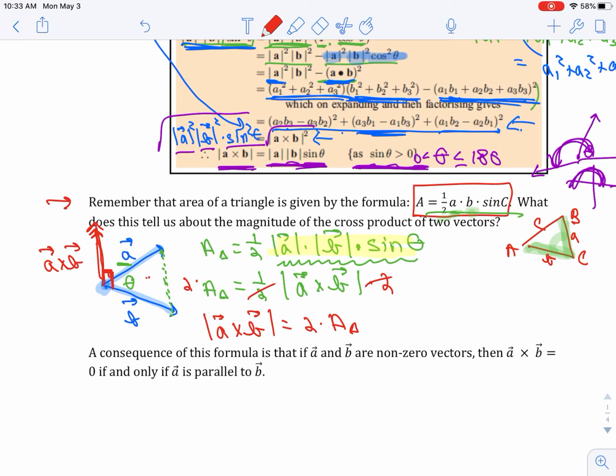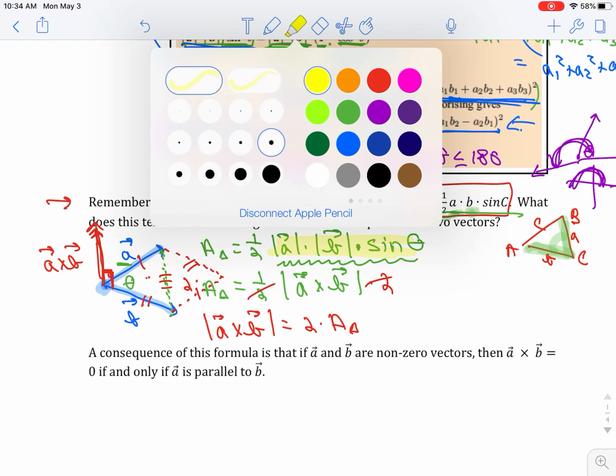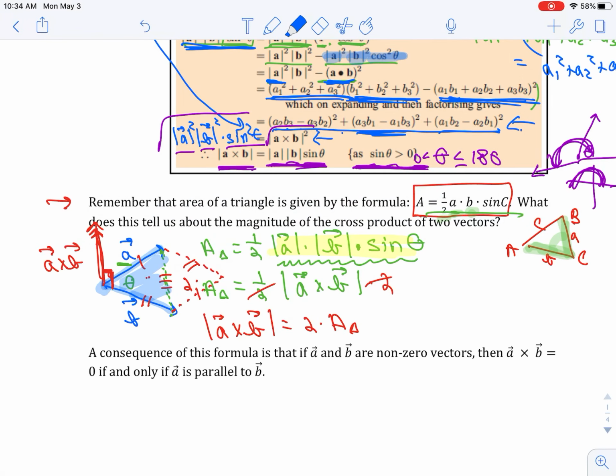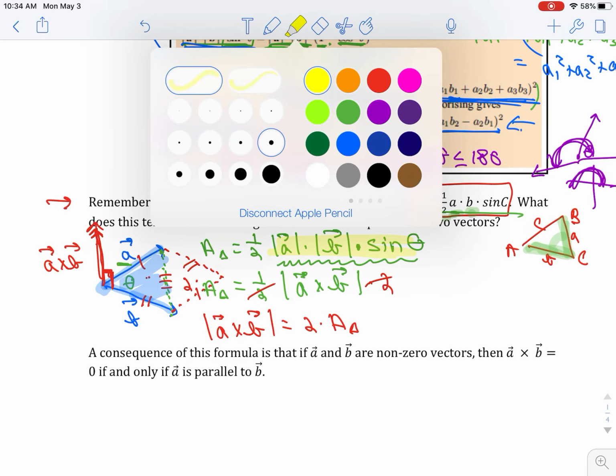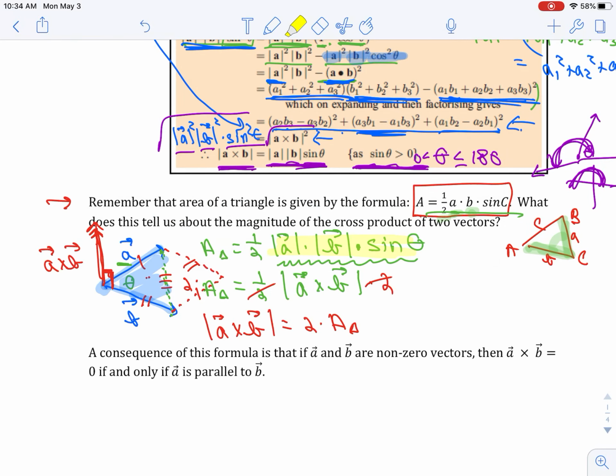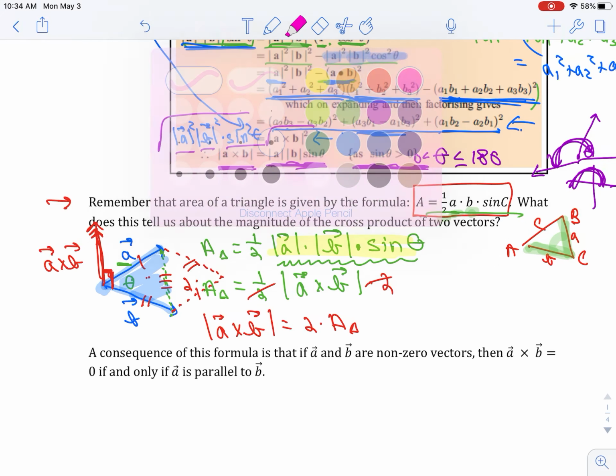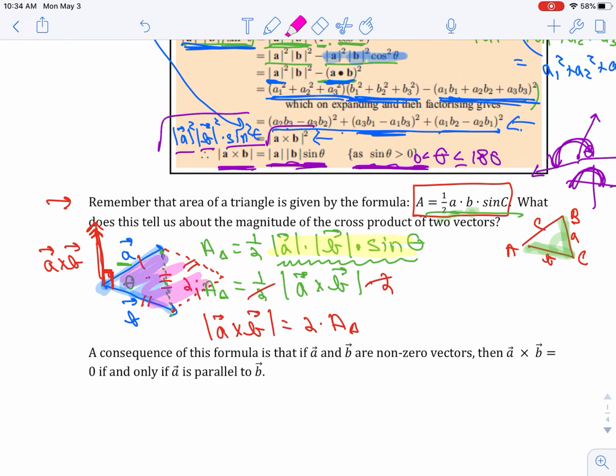If I take another triangle that's just like this one and put it here, these have the same length, these have the same length, these have the same length. So we can see these two triangles are congruent to each other. So when we take 2 times the area of this triangle that's right here, what we get is the area of this whole parallelogram, which is right here.